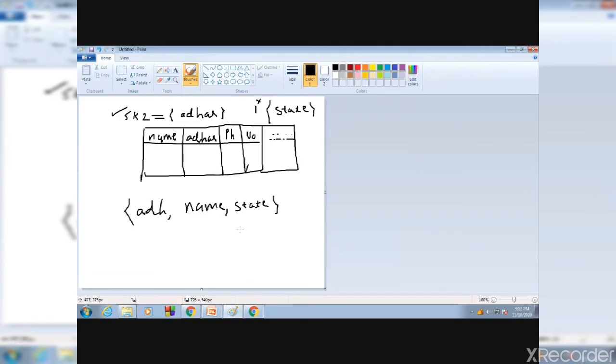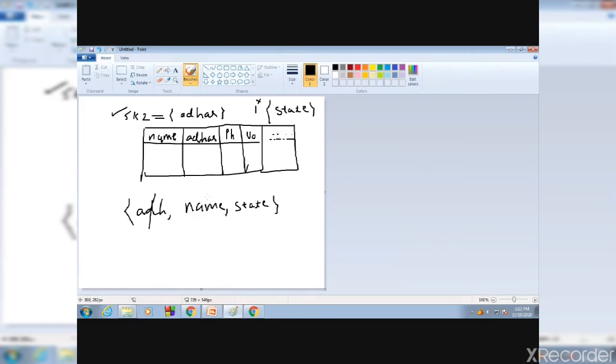If we can still get the tuple individually after removing, then the remainder is not minimal. Suppose I remove Aadhaar card number. From the name and state, can I get the tuple individually? No. So after removing this one, is it a super key? No. So this is not a key.